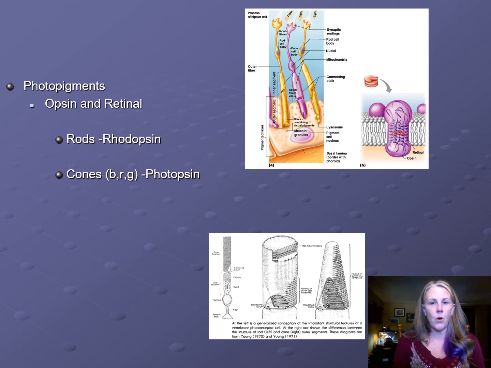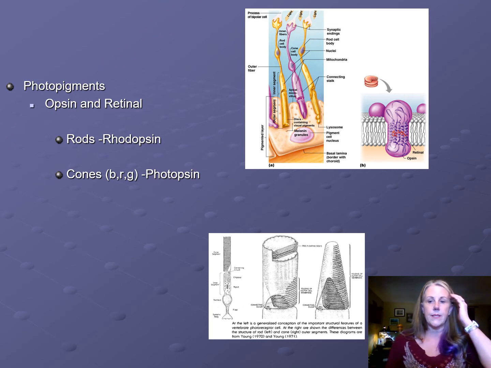Now, we're staying with the rods just for a minute. Once the light hits the rod, for example, that light has to be absorbed, and it's absorbed by the rhodopsin, right? Because I said the rhodopsin is the photopigment, and the light has to be absorbed, and this is how it's done inside of this cell.